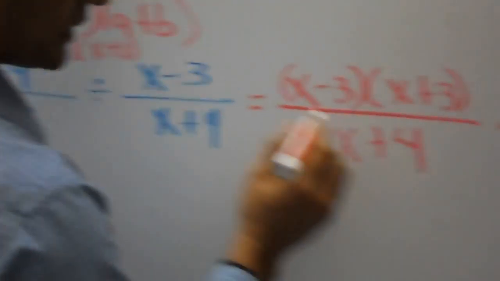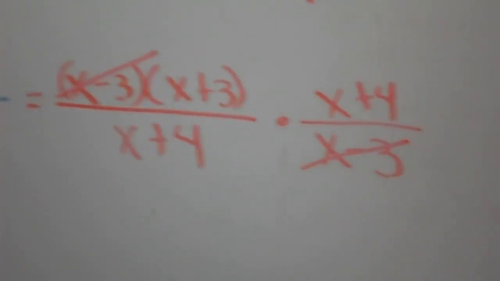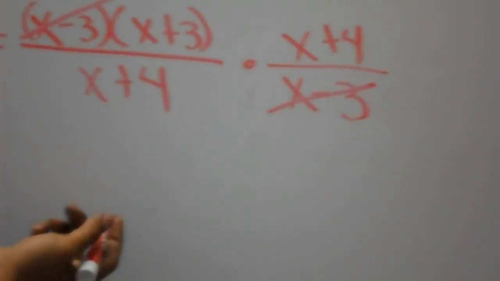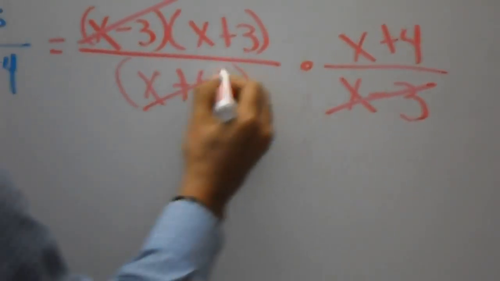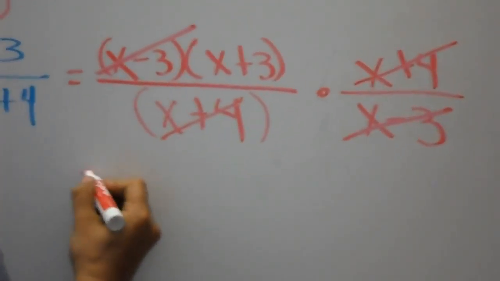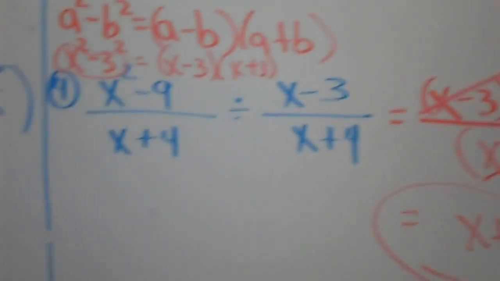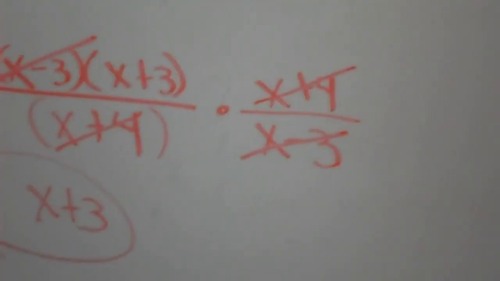So notice now that this x minus 3 cancels, right? And then what else cancels? This x plus 4 cancels with this x plus 4, and the only thing we have left is x plus 3 as an answer. So that covers dividing rational expressions.